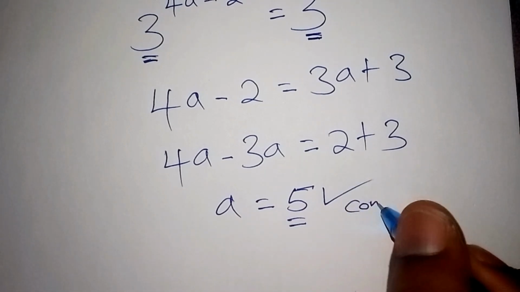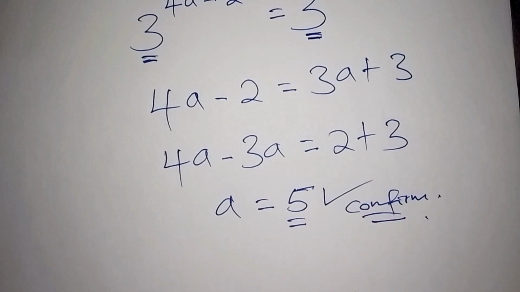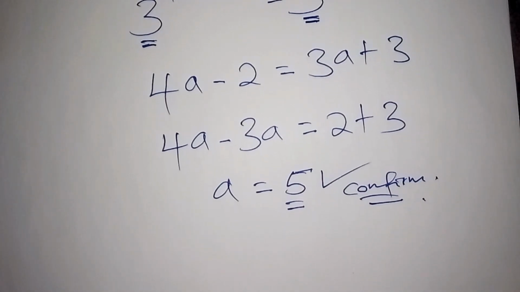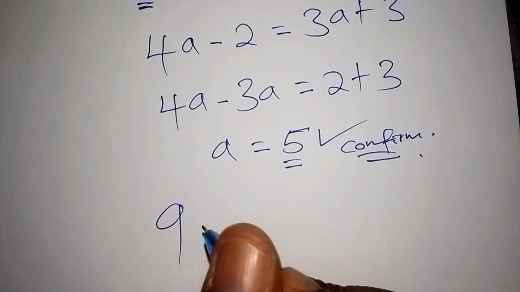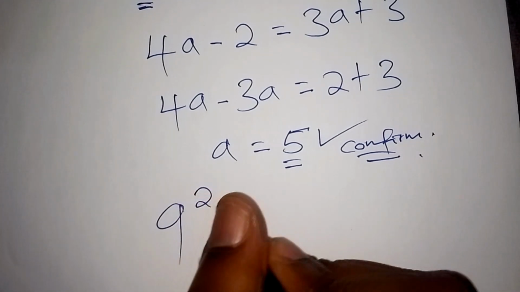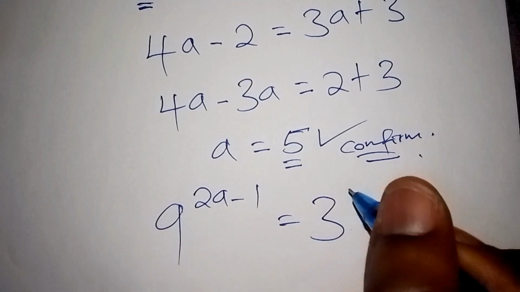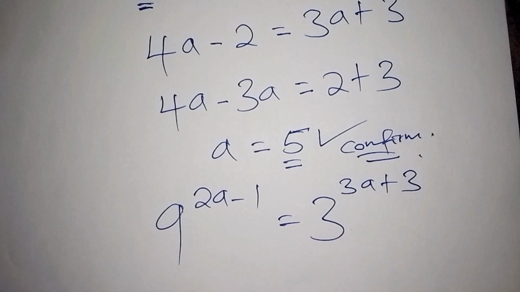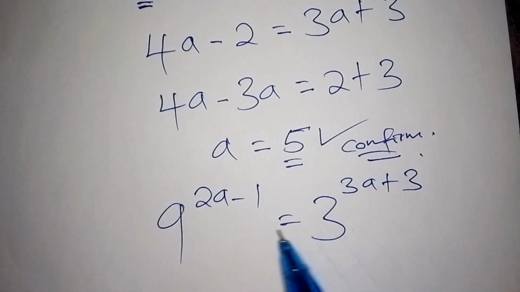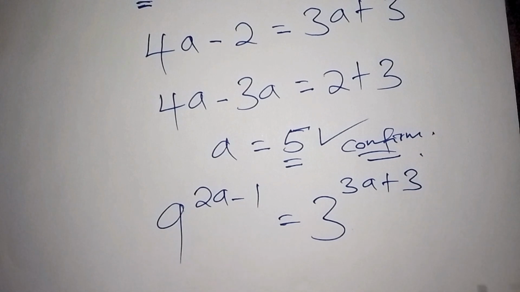We can still confirm it and check if it is really true. Let's take the question that we had: 9 to the power of 2a minus 1 is equal to 3 to the power of 3a plus 3. We have said that a is 5, so anywhere we have a, let's substitute 5.